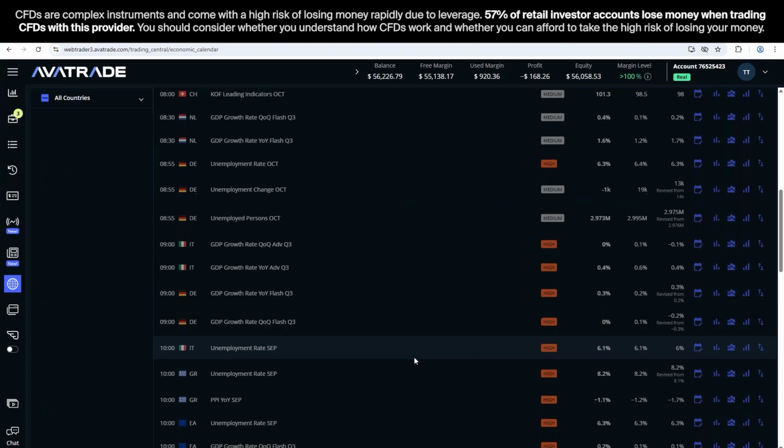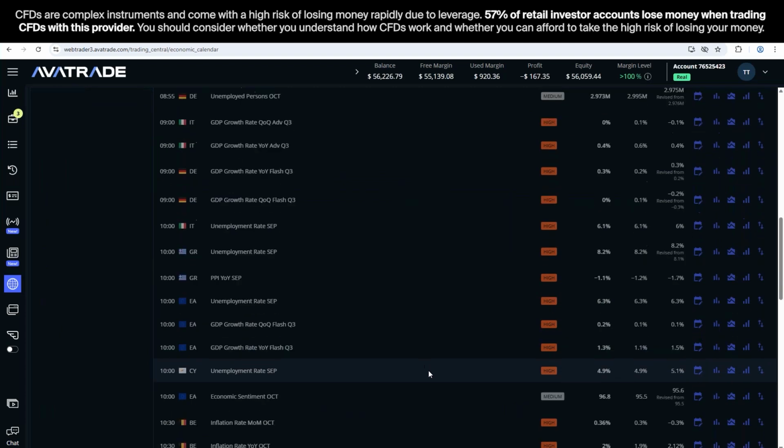And if we come down a bit further, not just in Germany, but in the entire Euro area, we've got unemployment rate holding steady, GDP growth rate ticking up instead of staying flat at 0.1, went up to 0.3. That's quarter over quarter, and GDP growth rate year over year, instead of dropping to 1.1, it actually managed to hold as high as 1.3%, better than expected.